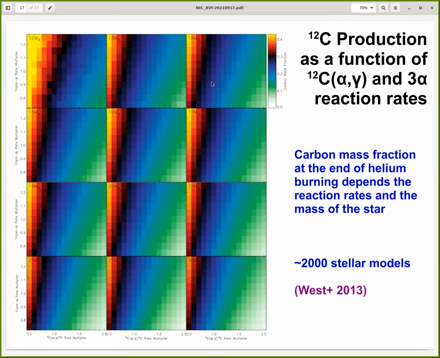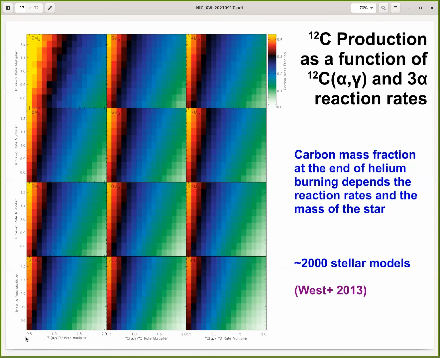This is for varying the carbon-12 alpha gamma rate and the triple alpha rate. The relation between these rates is reasonably straightforward to understand. If the triple alpha rate is faster, so it makes carbon more easily, you will end up with more carbon.